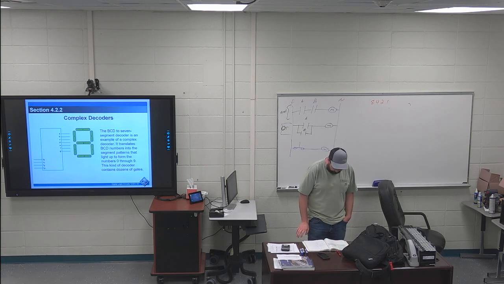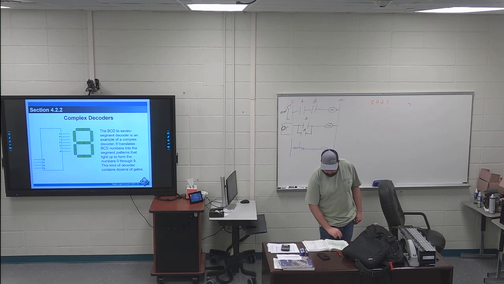I don't know why, but that is usually a highly missed question on the test, talking about using a decoder to make a 7-segment LCD. Usually, I think they ask how many segments in the LCD or something like that. 7. All right.